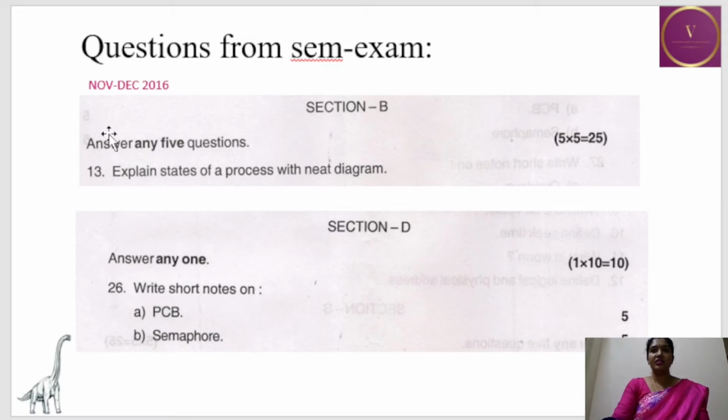This is a clip from the November-December 2016 question paper, wherein 'explain states of process with neat diagram' has been asked for 5 marks in section B, and in the same year PCB is asked under section D, which is a 10 mark question divided into part A and part B. So for part A, PCB is for 5 marks.